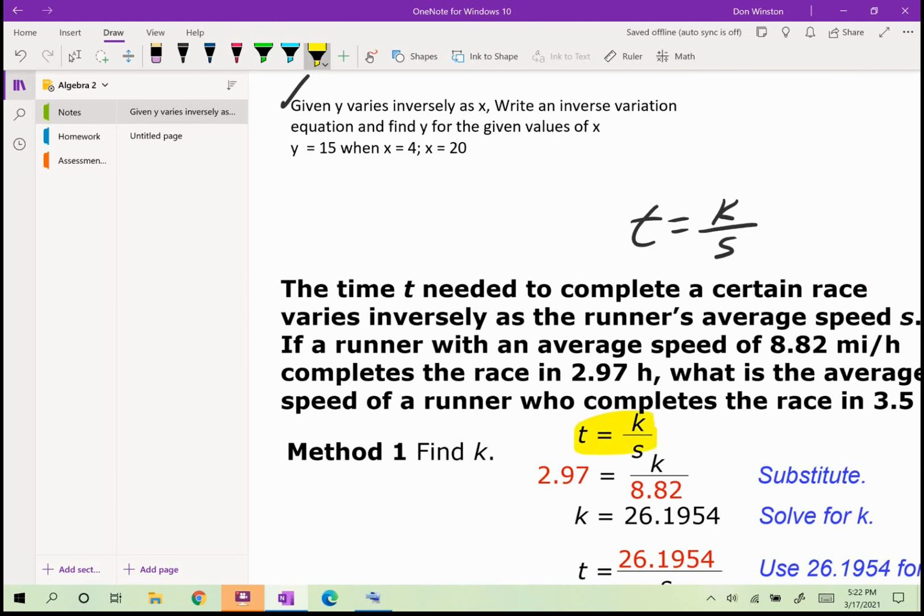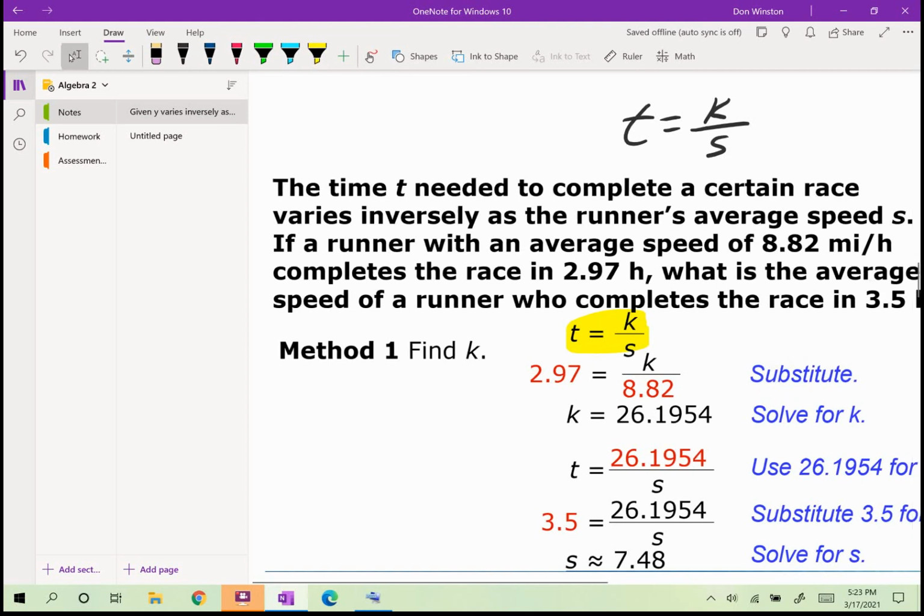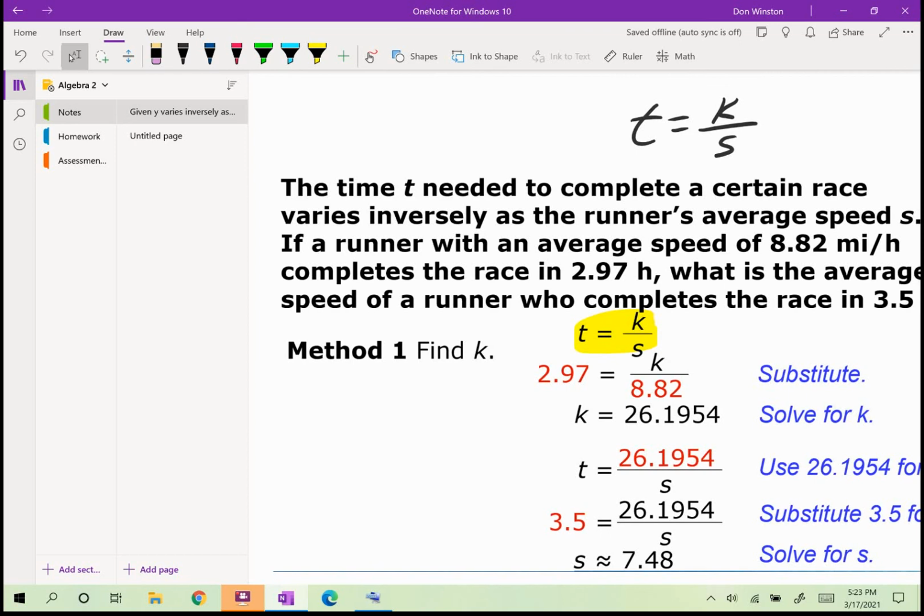T is equal to k over s. Then we take the information given to us. If a runner with an average speed of 8.82 miles per hour, so that's S, completes the race in 2.97 hours, so that's T. Okay, so we have to find k.